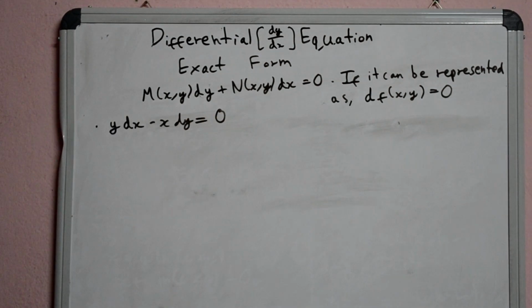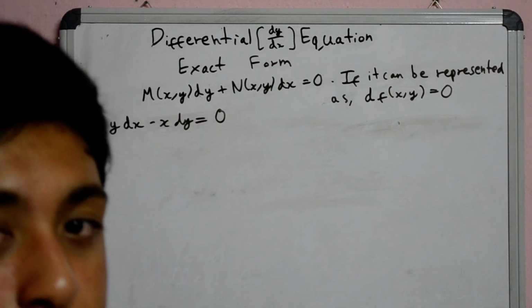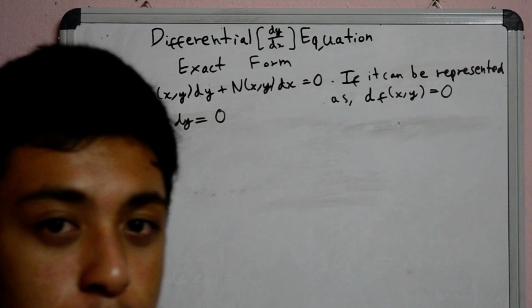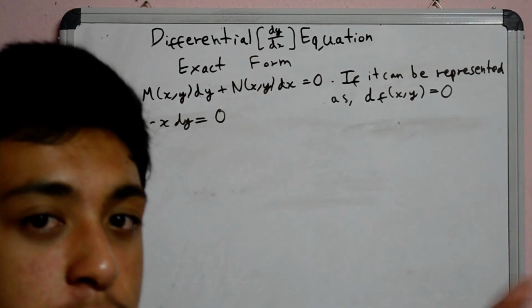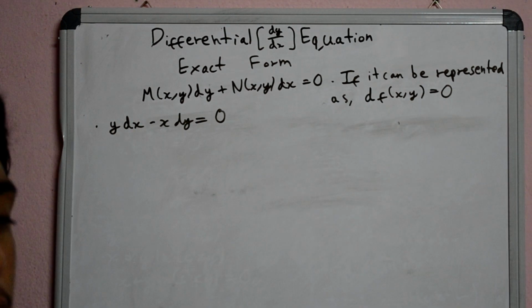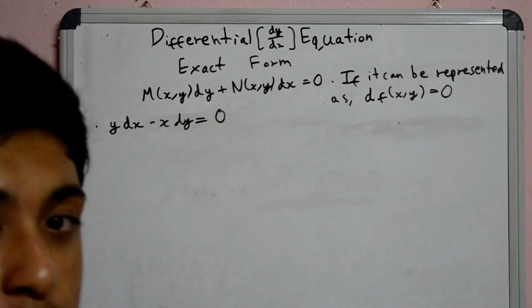Now here, the problem with this is we have a minus in the middle, because if we want a derivative of a function x into y, then we'll get a product rule, in which we have a plus in the middle. But what about a minus? Well, if we have the quotient rule, then we'll get the minus above.